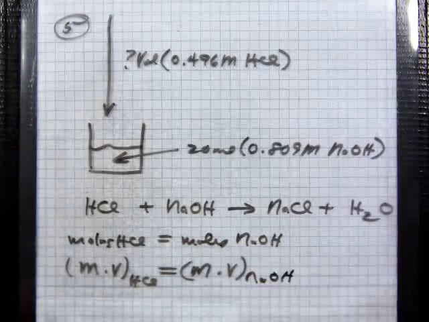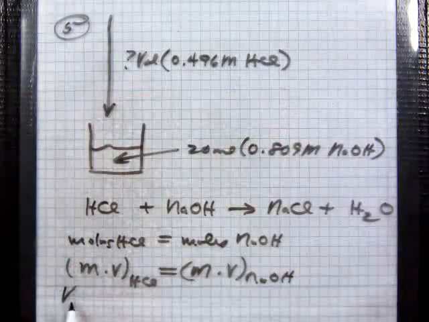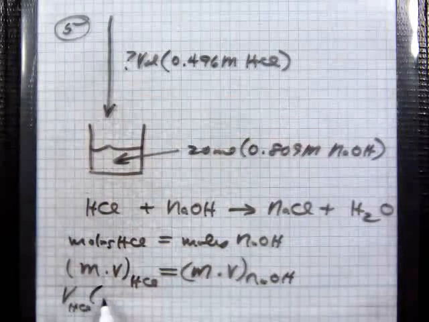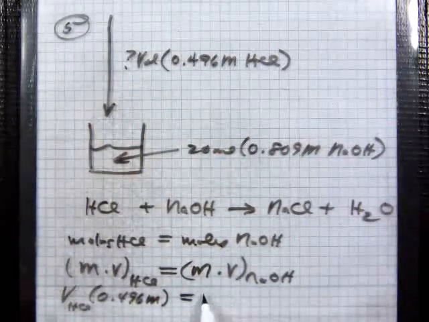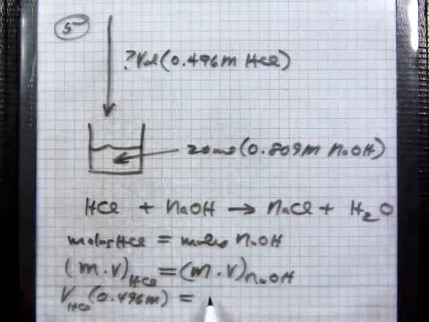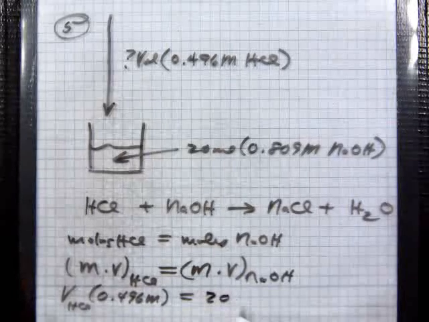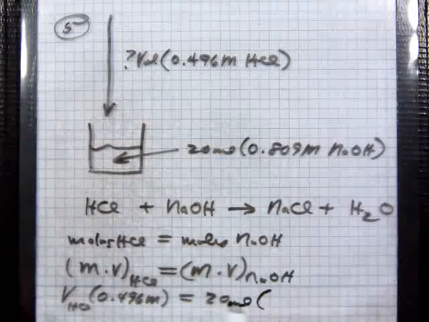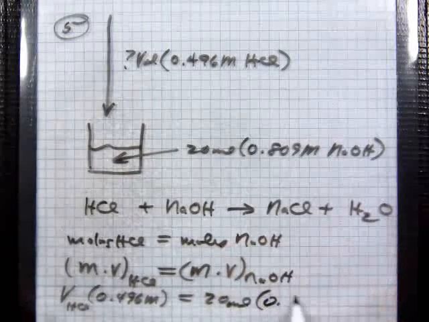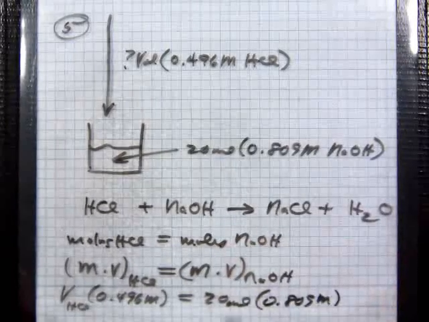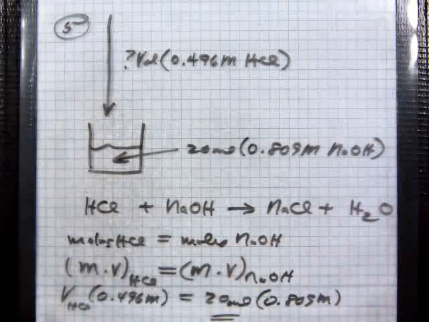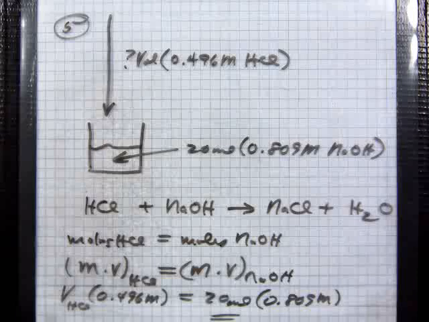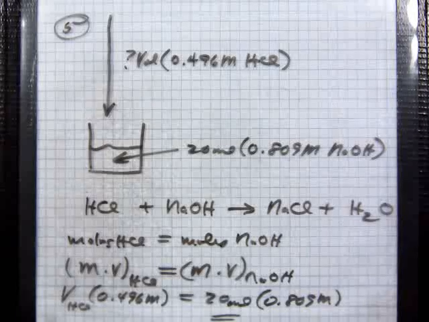And so our volume of the HCl is our objective, and it's 0.496 molar, and we're adding that into 20 milliliters of 0.809 molar. Now, we can leave it in milliliters because both sides have the same units. If one side was grams or moles, then we'd have to work out of liters. So understand that.